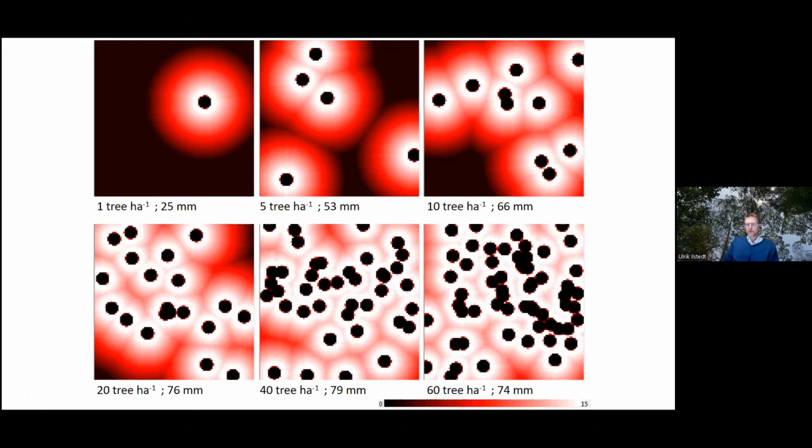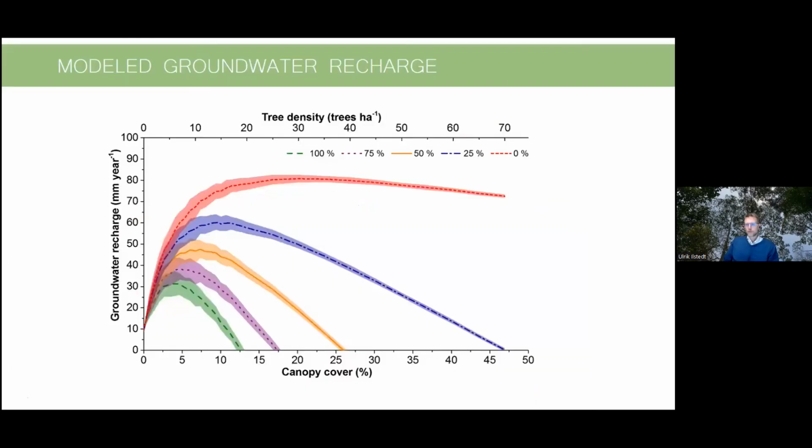So if we put this in a figure with canopy cover, we see a pattern where, the more trees we have, we reach a maximum and then it decreases again. The different lines here represent different scenarios.